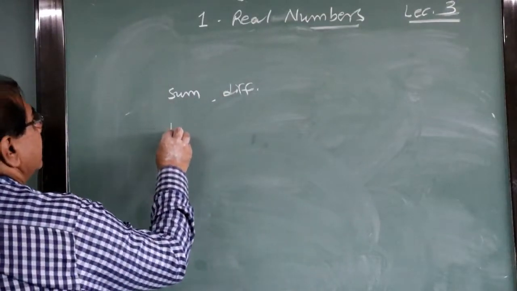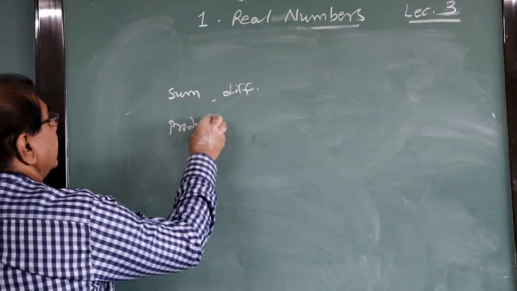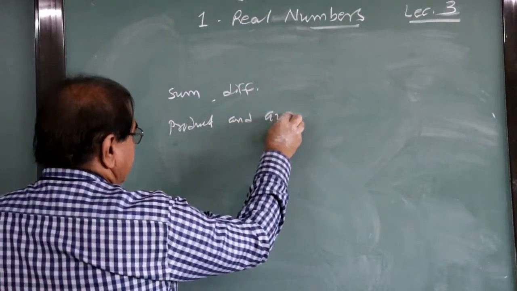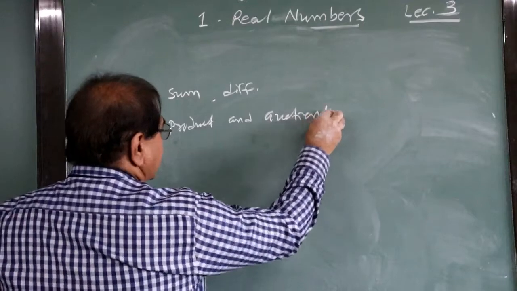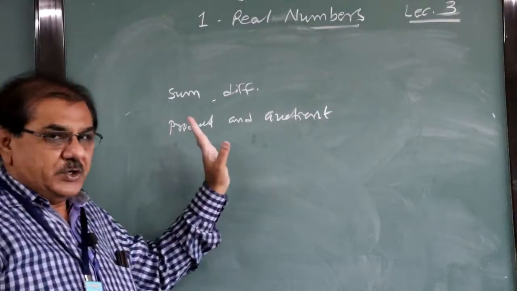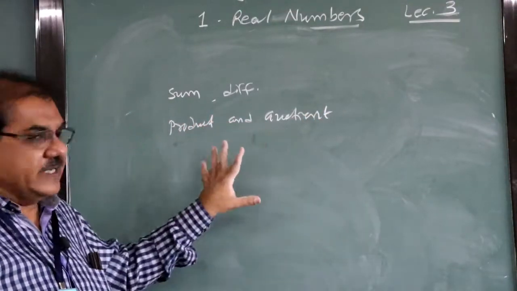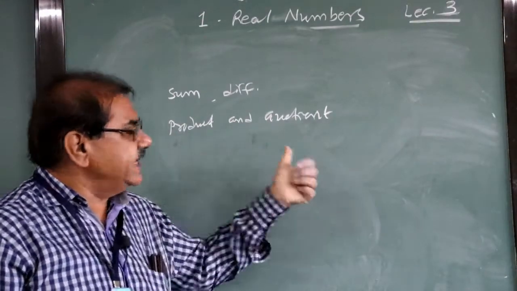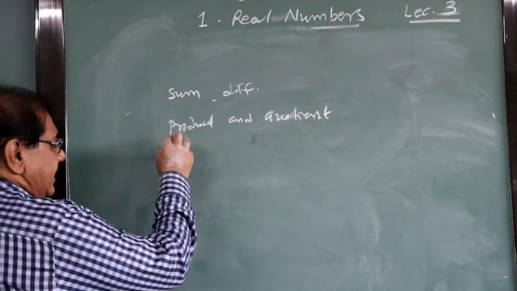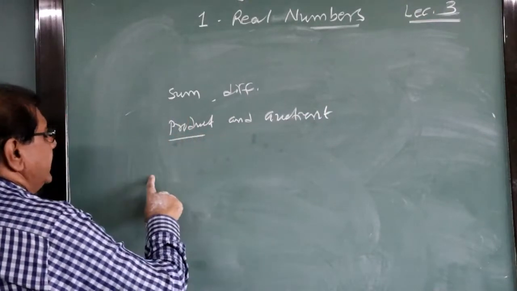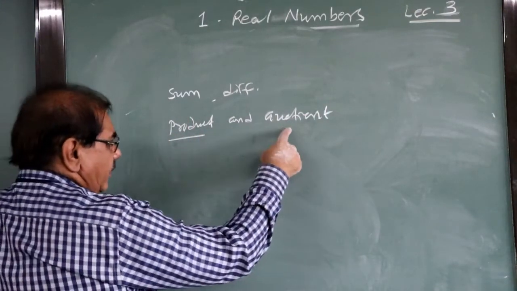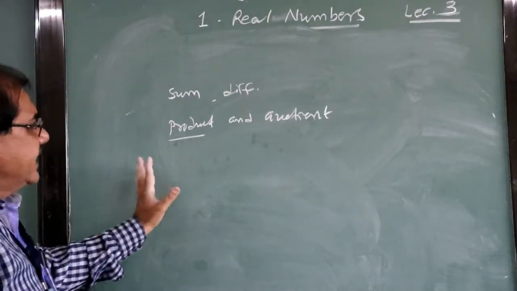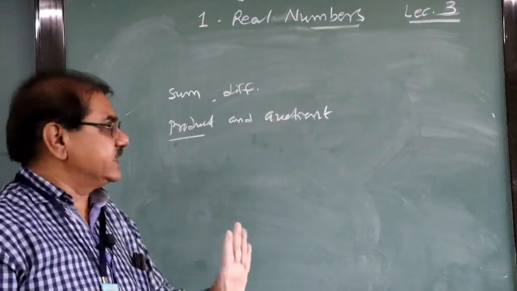In the same way, product, which means multiplication, and quotient, which means division, of a non-zero rational and an irrational. Okay? So if I take the product of one rational and one irrational, or the quotient of one rational and one irrational, provided they are non-zero, then the answer is always an irrational number.